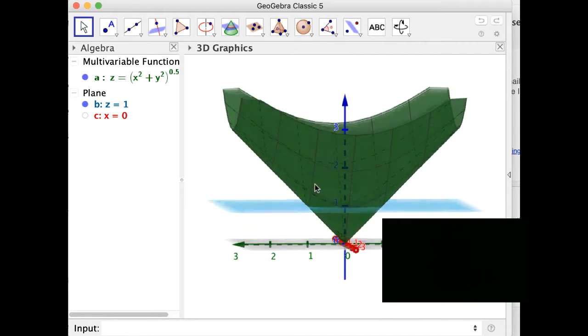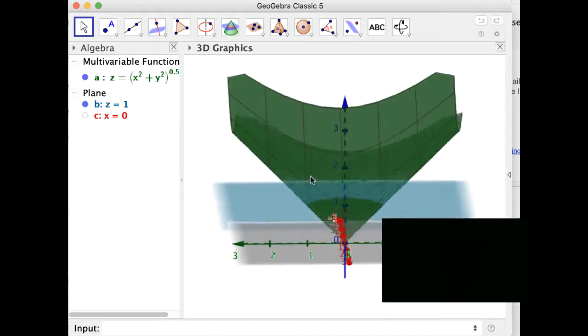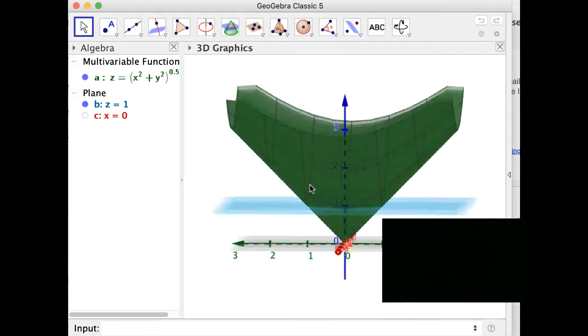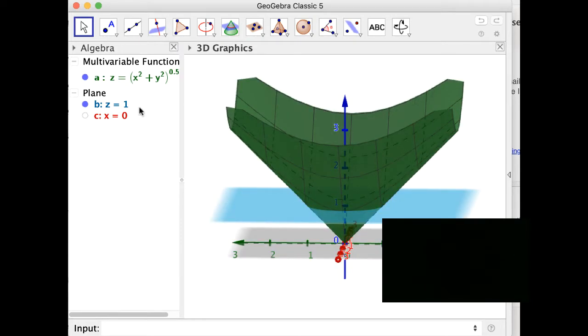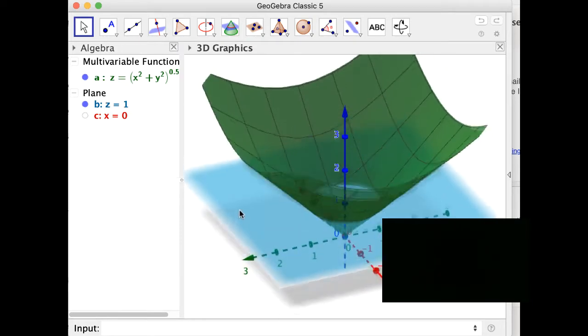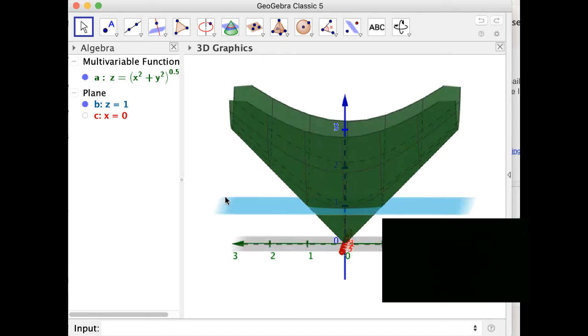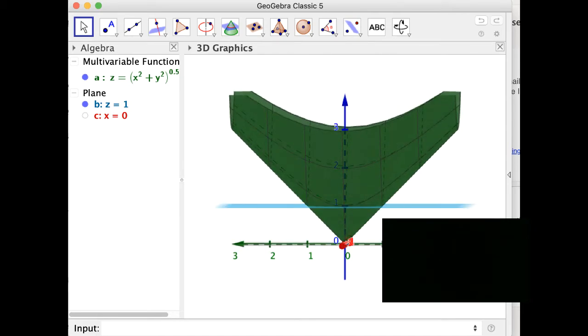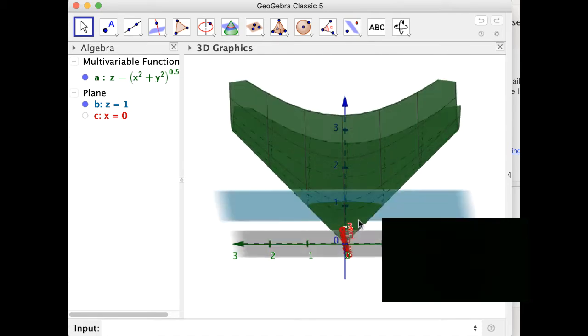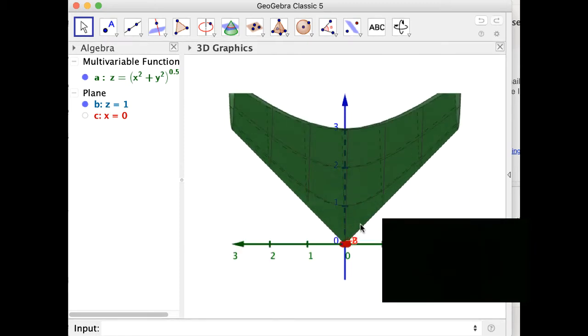So in order to work with a finite region in space, which is where the integration will take place, we take the plane z equals 1, which is this plane that you see here at height 1, and we intersect that with the cone. And so now the triple integral only takes place in the region between this plane and the cone.